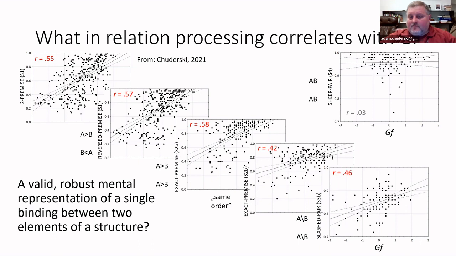But the evidence that such a simple task still strongly correlates with cognitive ability was for us some evidence that it's not complexity that matters, but the precision and reliability of a very simple, very trivial representation of relation is important.